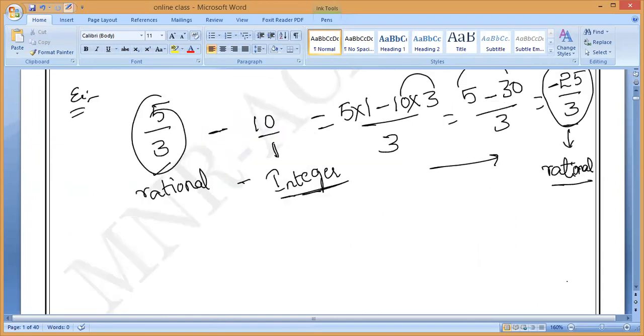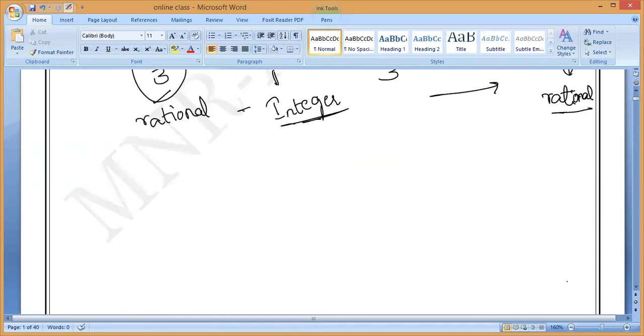Yes, ma'am. Next. Say one more example for a rational number. Example: 2 by 9. Multiplied with any integer. Say any integer.